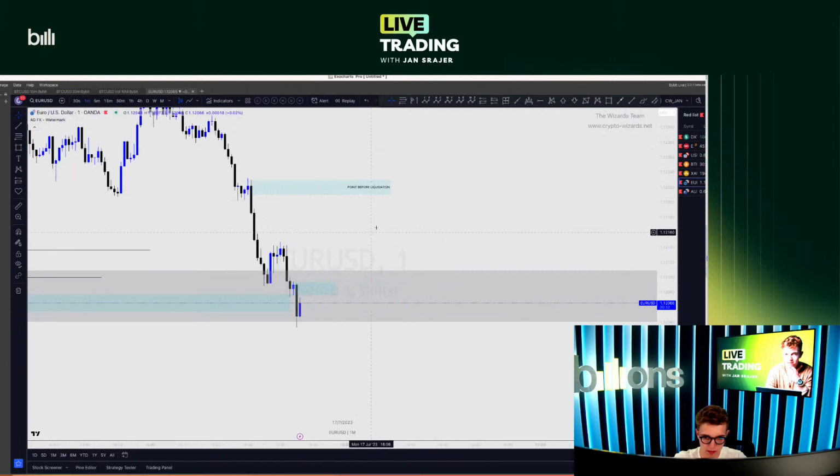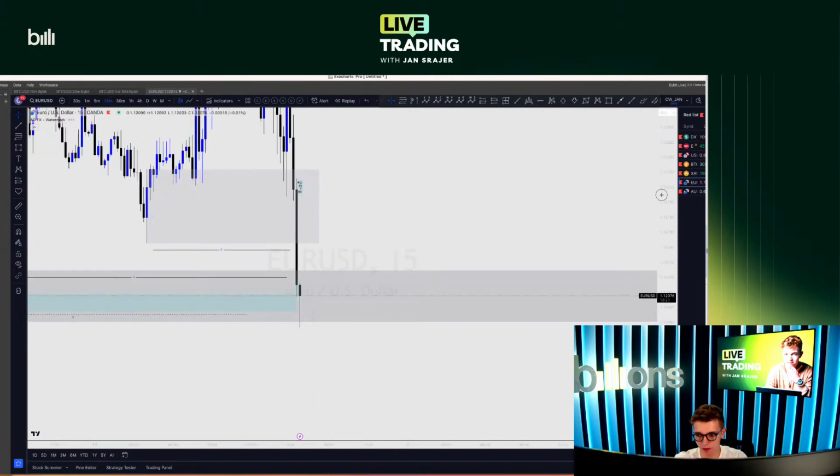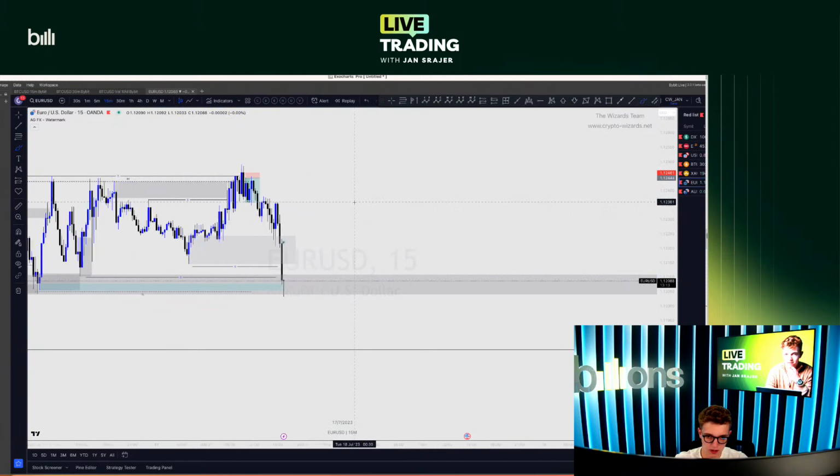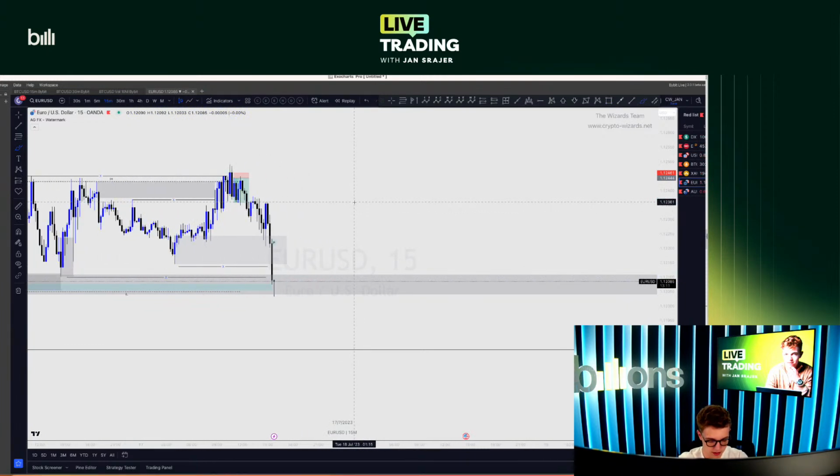View this as a local PBL, point before liquidation, for a potential move to the upside. I definitely do not have a bullish bias overall for today. I'll be looking for another move down, another move up out of this zone here, potentially for something like this. So be aware of this. It would be a zone that I'll be paying attention to.